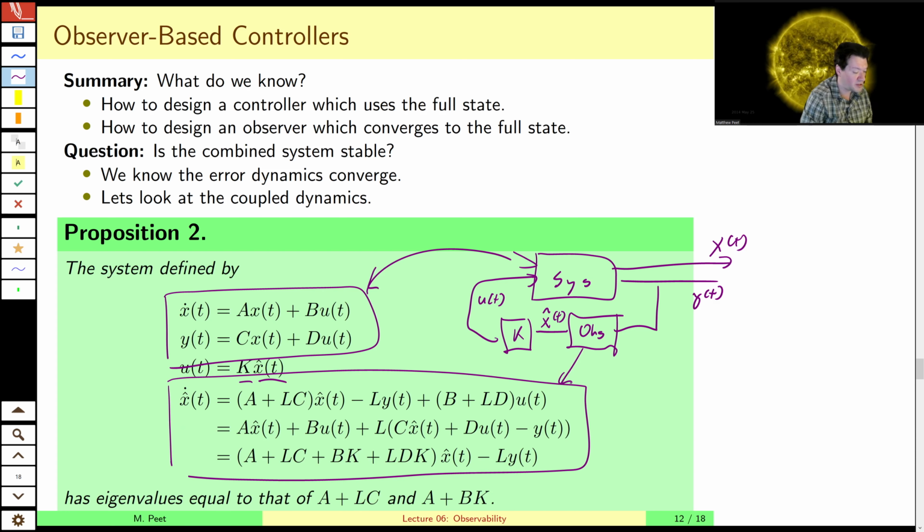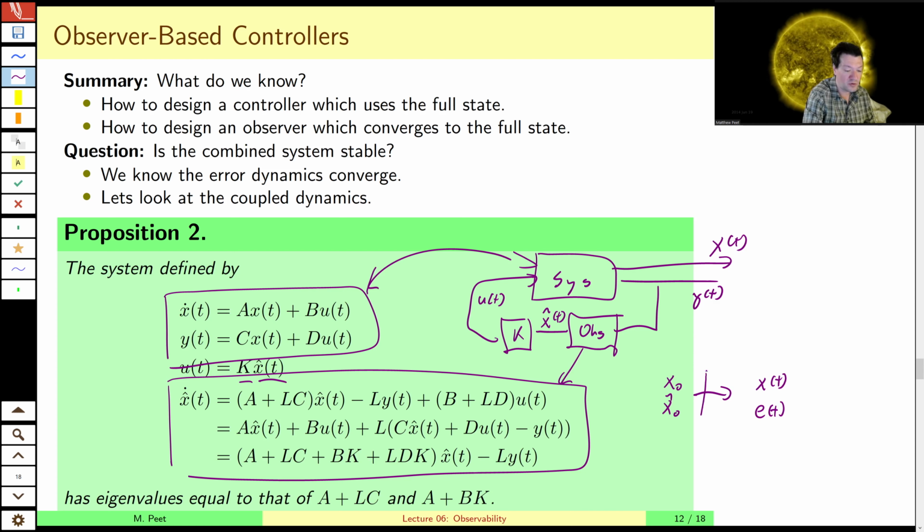So that's that block right there. And what we want to say is that if we can now construct the initial condition to state map, so x naught, x hat naught, to x of t and e of t, that closed loop system is stable.